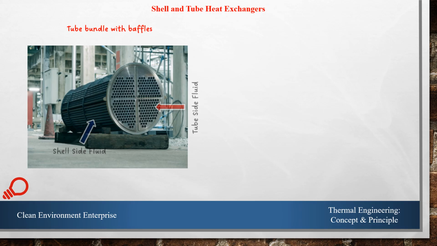So one of the fluids usually is called the service fluid, and the other one is called the process fluid. For example, if we have an operation in the industrial field in a hydraulic system, to cool down oil, then the oil will be the process fluid.